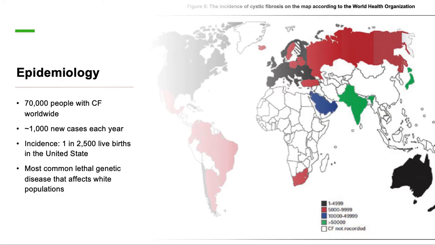The carrier frequency in the United States is 1 in 20 among Caucasians, but significantly lower among African Americans, Asians, and Hispanics. Cystic fibrosis follows simple autosomal recessive transmission, although even heterozygous carriers have a predisposition toward pulmonary and pancreatic disease at higher rates than the general population.